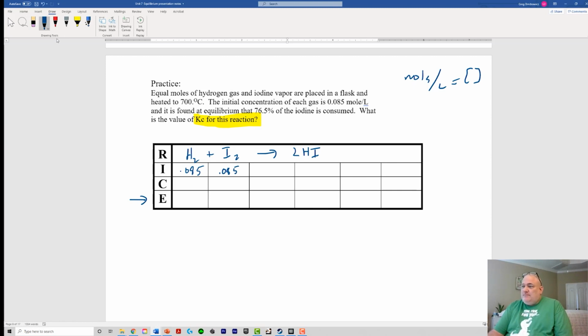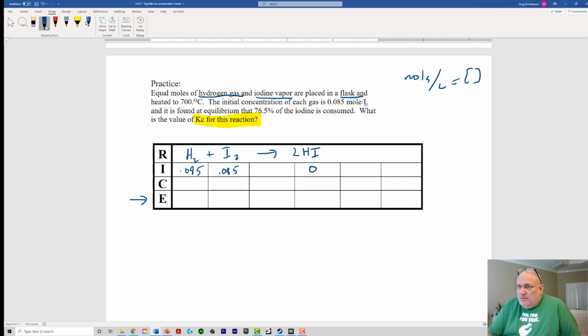Now, here's the thing. We have 0 of this, because reading this, it said that both of these gases, the hydrogen gas and the iodine vapor, are placed in a flask and heated to 700. And they tell us the initial concentration is this. Now, they say at equilibrium, it's found that 76.75% of the iodine is consumed. Now, if I were doing an X problem here, which direction is the only direction I can shift?